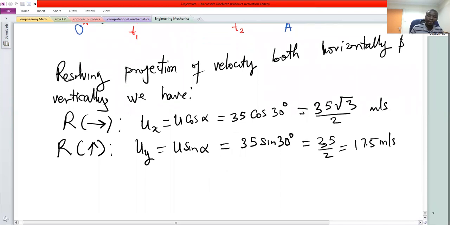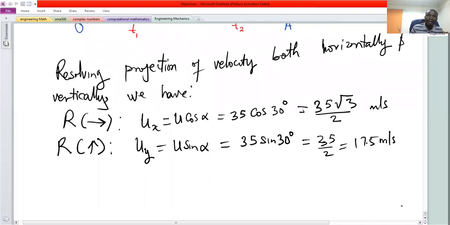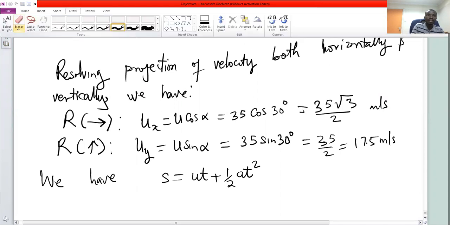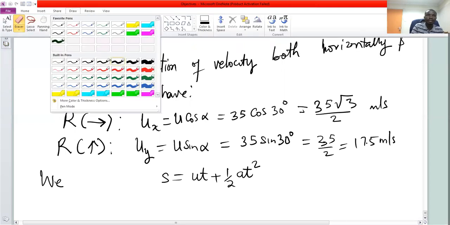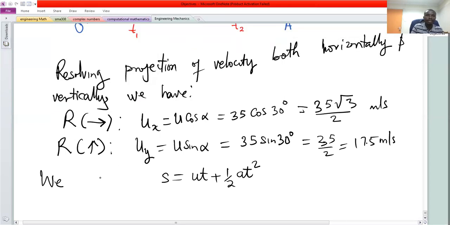And then we have S equals ut plus a half a t squared. We know that this is an equation of linear motion, relating initial speed, time, and distance.